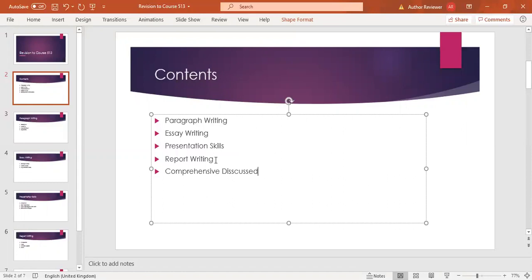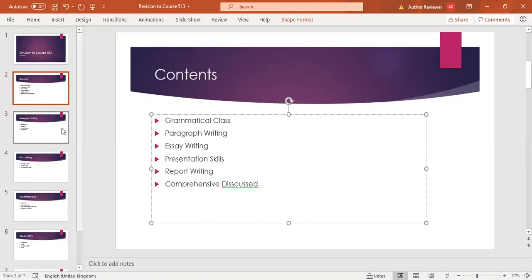So the first topic that we discussed in our class is paragraph writing. Before paragraph writing, we also dealt with some grammatical rules, if you remember them. We decided to learn grammar together with some other topics.